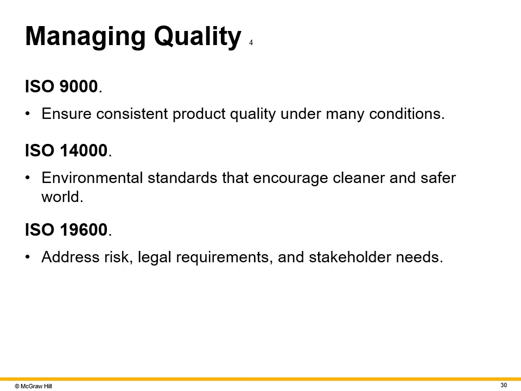ISO 14000 is a comprehensive set of environmental standards that encourages a cleaner and safer world. It helps create a uniform standard across nations with varying regulations. ISO 19600 provides guidelines for compliance management that addresses risk, legal requirements, and stakeholder needs.